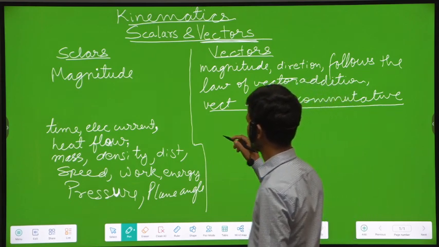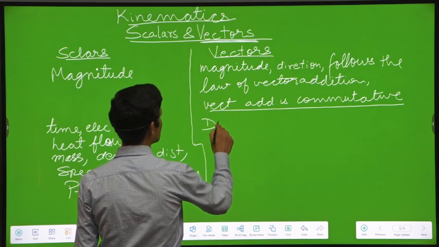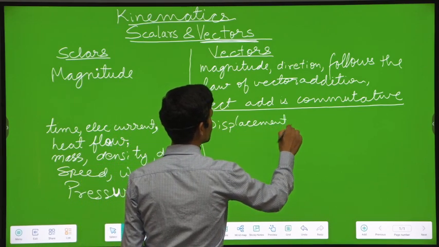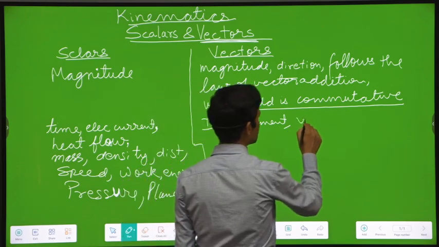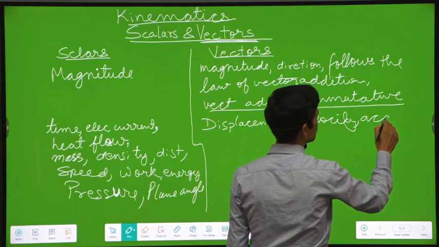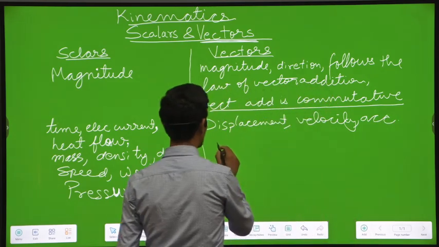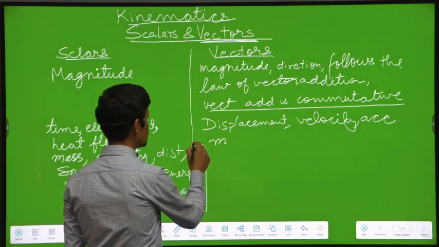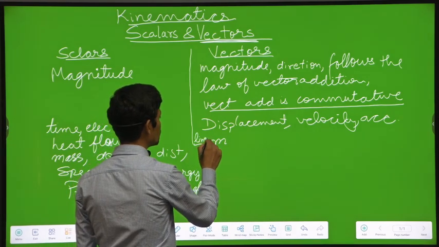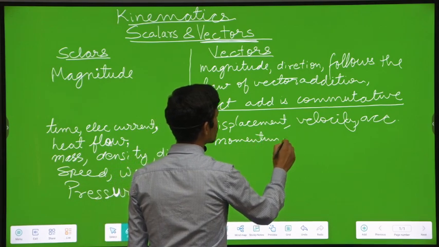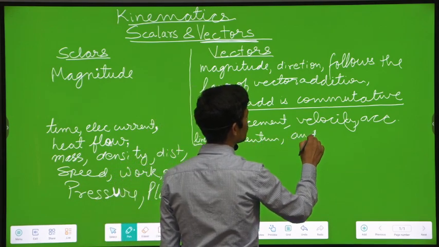Okay, vectors like displacement, velocity, acceleration, momentum. There are two types of momentum: linear momentum and angular momentum.